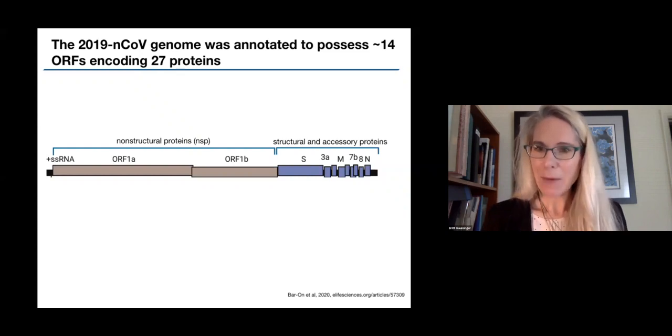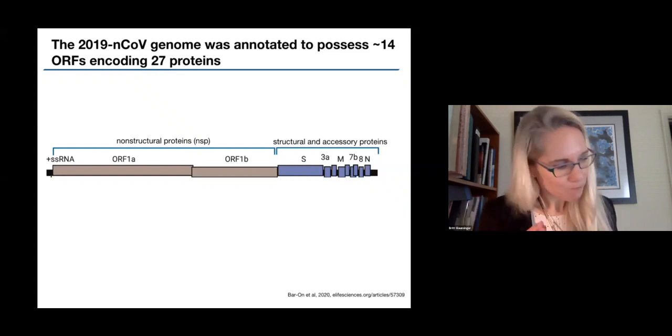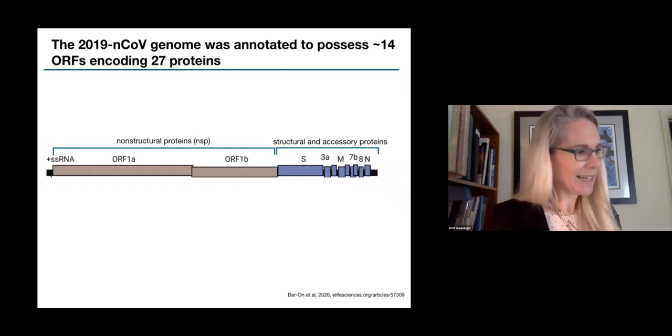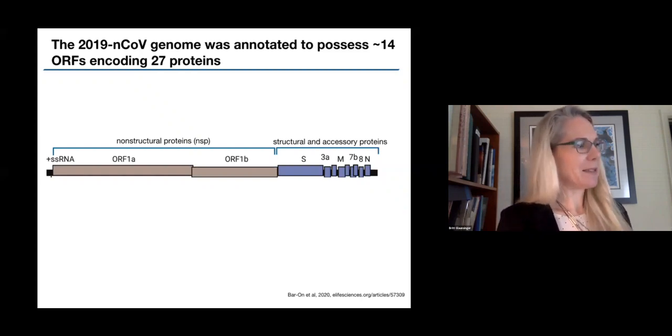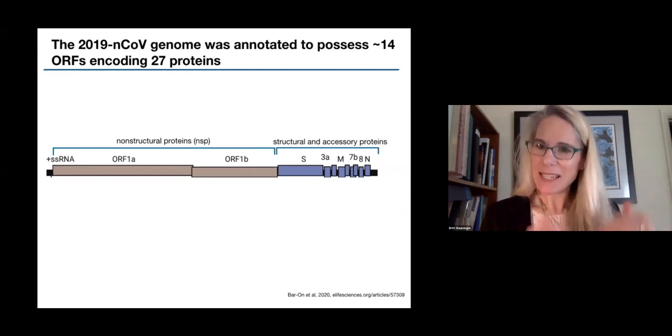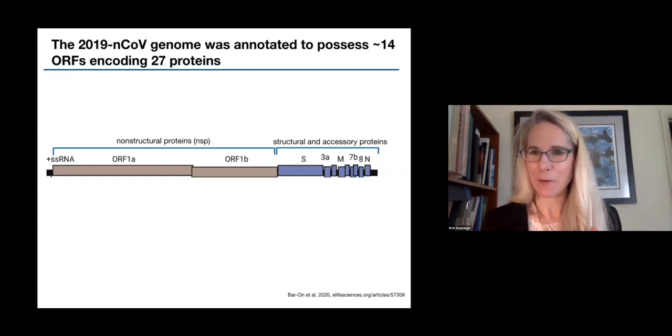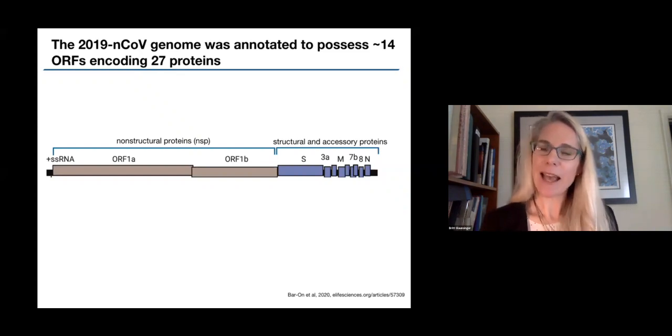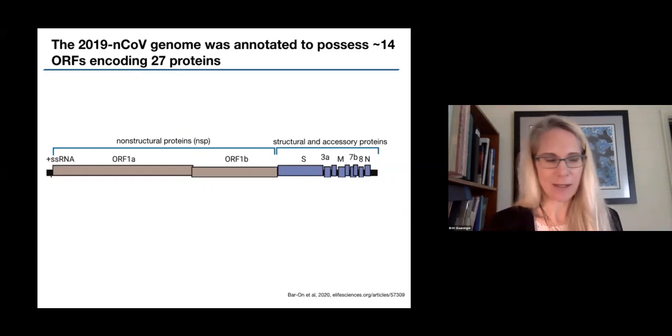So let's think about that for a minute, because for any virus, once it's in a cell, it really has to conform, of course, to the rules of gene expression that are set by the host cell that it's infecting.